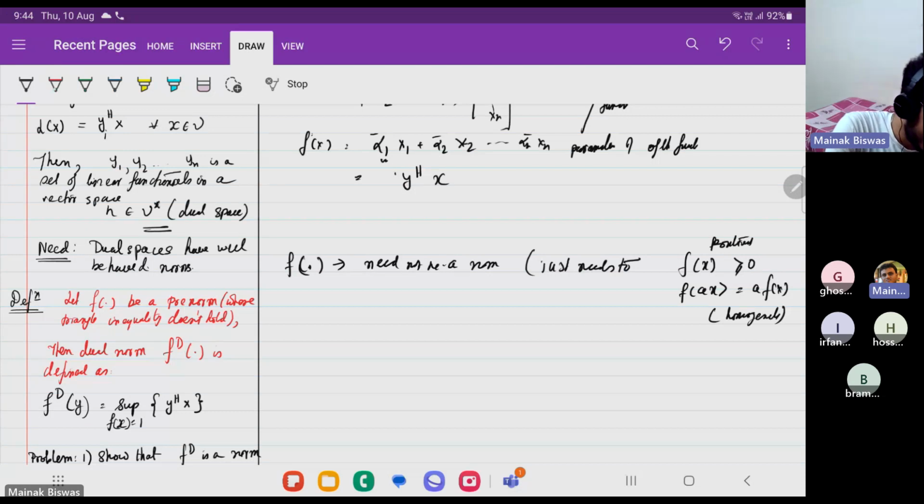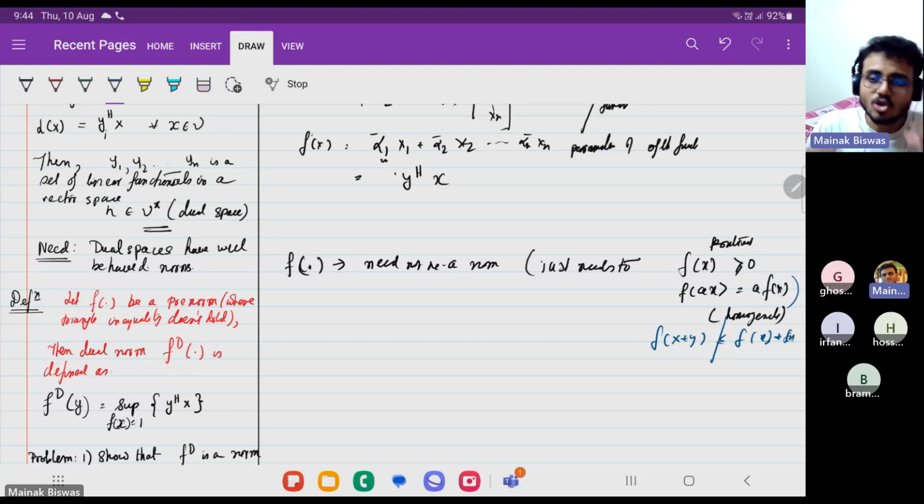So you tell me, if these two properties hold, which property is missing here? Exactly. The triangle inequality, f of x plus y less than or equal to f of x plus f of y, need not hold. So f can be more general, and yet you will get a norm in your dual space.